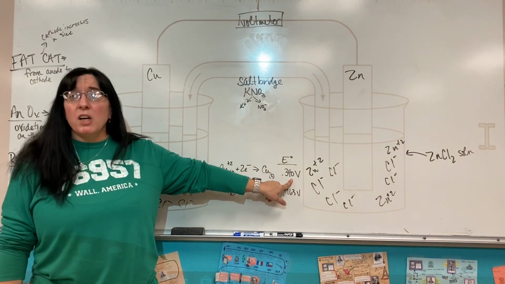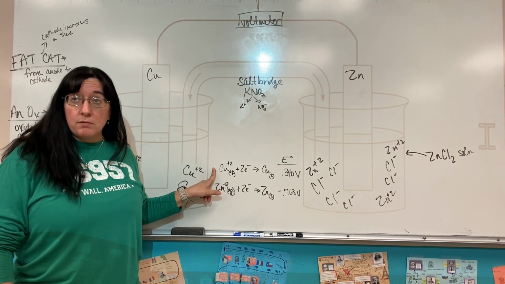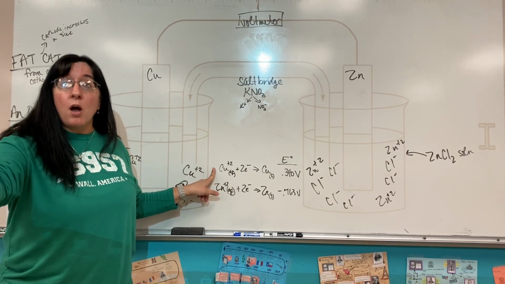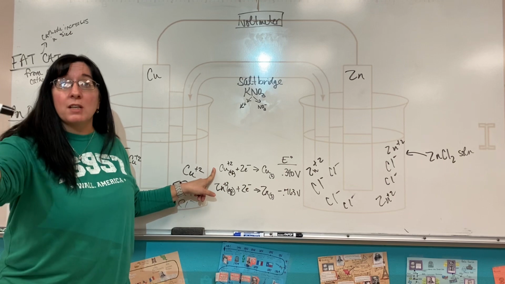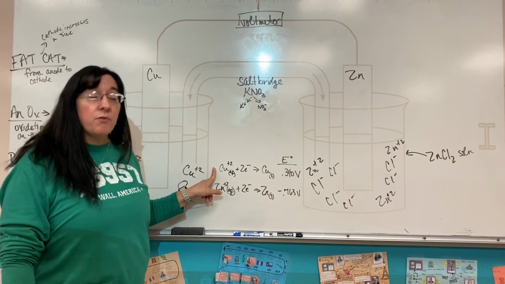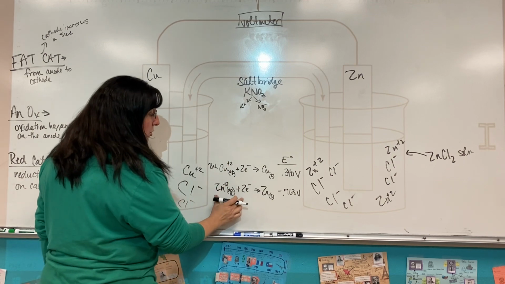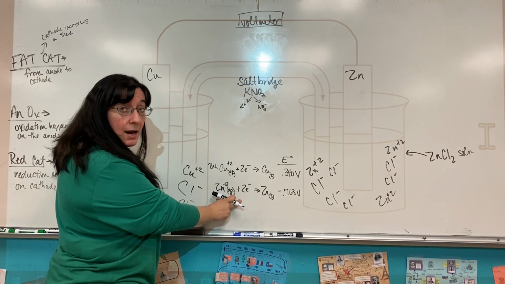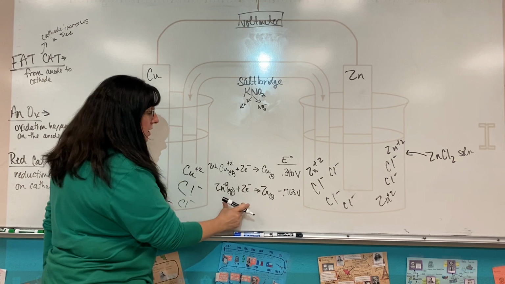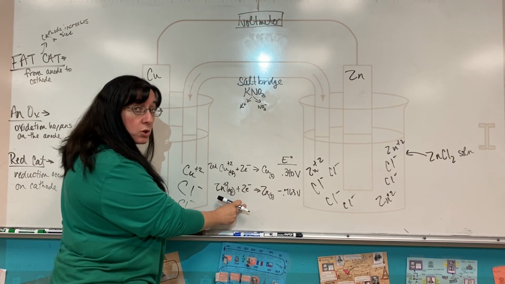And so this right here is going to stay as your reduction, because if you look at the title on that page, it was the reduction table. So the more positive one, we're going to keep as the reduction. That means that this right here has to be the one that's being oxidized. So this one's going to gain the 2 electrons from the zinc, which is going to lose 2 electrons.